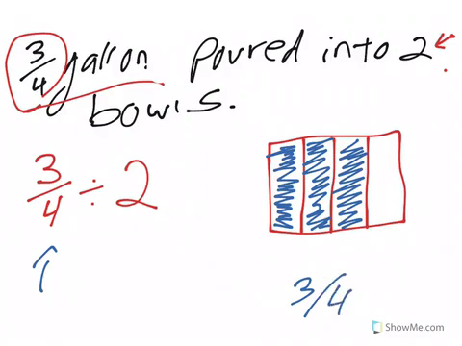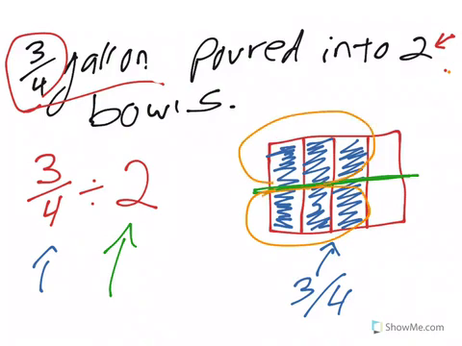So we see that this is 3/4. Now, if we're going to split it into 2, that means I'm going to cut this right in half. Okay, so how much would go into each bowl? Well, let's take a look. This half is going in one bowl, and this half is going in the other bowl, right?